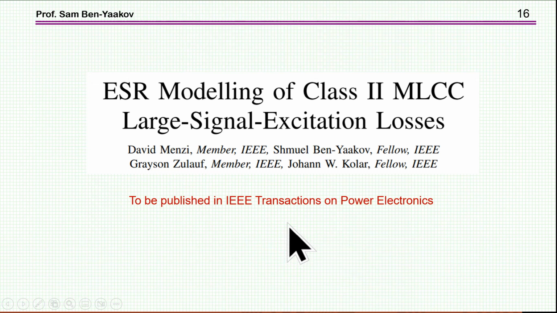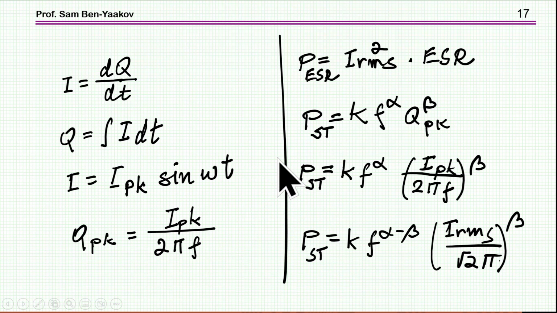And this was done in a work described in a paper to be published just now, in which I have taken part. In this case, we have moved from the charge to the current. This can be done, of course, because the current is the derivative of the charge.